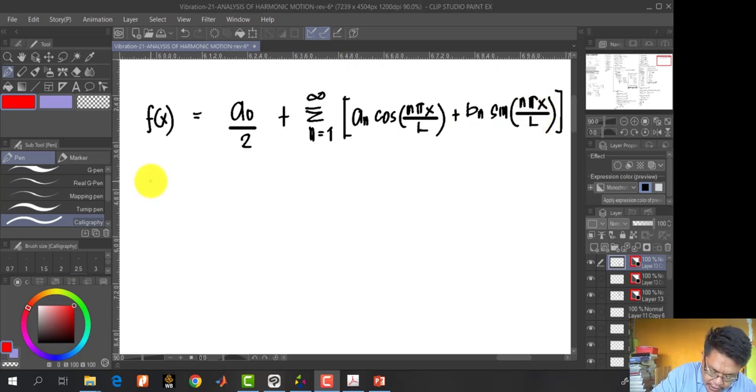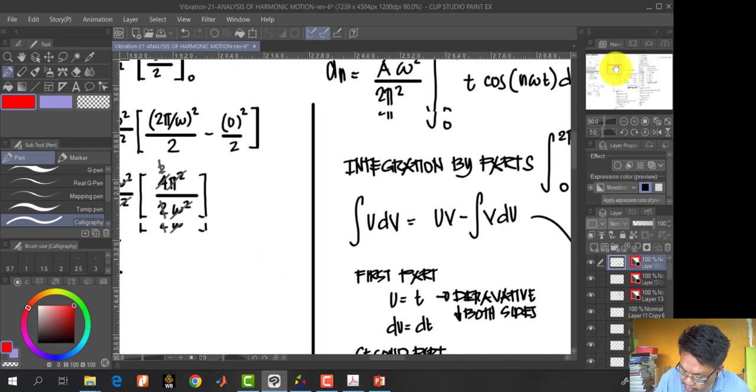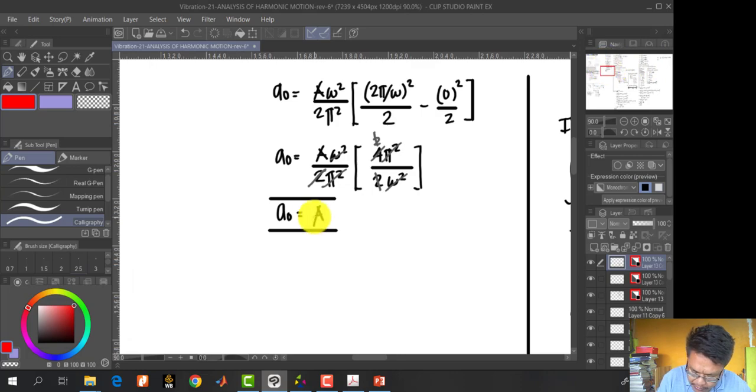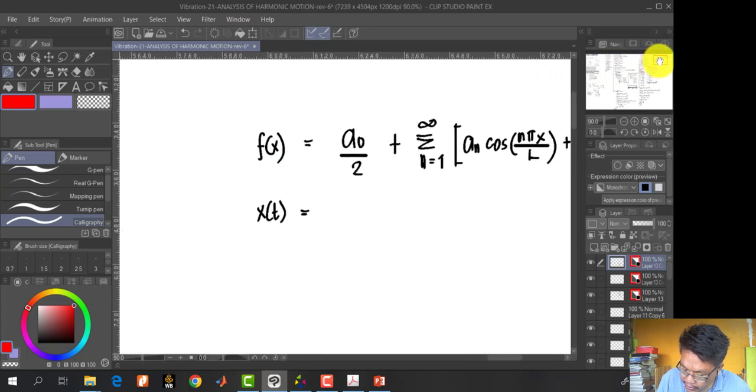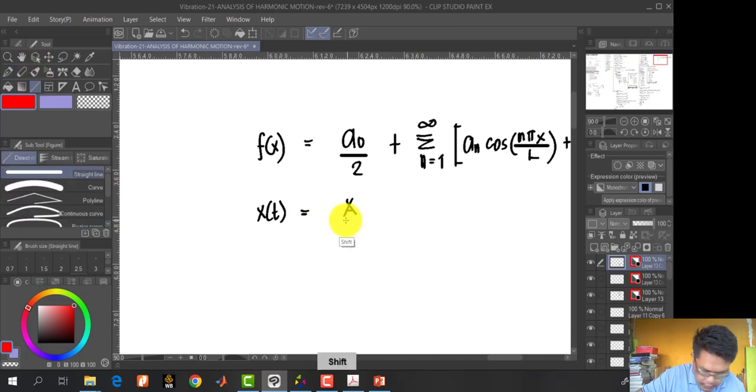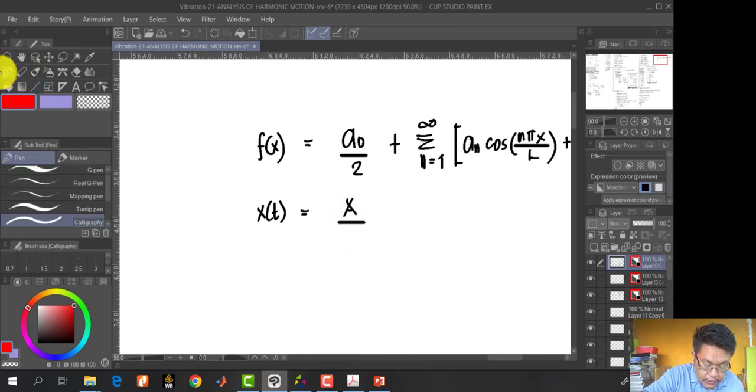So our function here is x, a function of time. For the value of a sub 0, we go back: that will be your amplitude. So we substitute it here: a all over, divided by 2, plus the summation to infinity with n equal to 1.